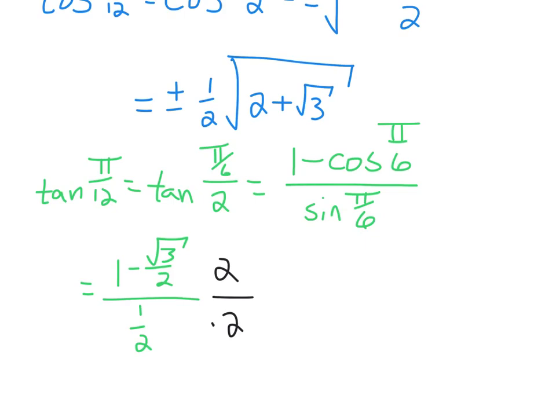Don't forget to distribute. And we would get 2 minus square root of 3 over 1, and so that is your answer for the tangent. So, really easy stuff. Just pay attention. The only thing that you got to really worry about is how to get this angle, right? And you're just taking whatever it is and multiplying it by 2, and then you can use these formulas.